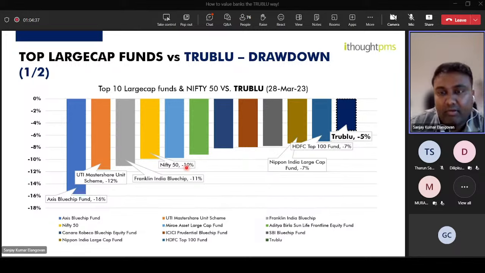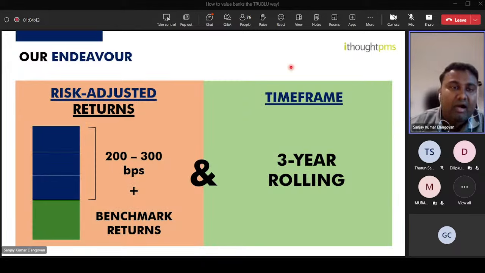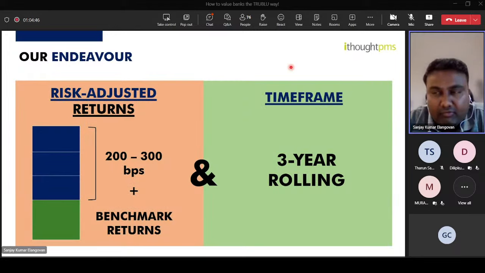It fell 10% during this period, and we have significantly beaten all the other large cap funds in this drawdown period. So our endeavor is to do 200 to 300 bips alpha over and above the benchmark, that is Nifty 50, that is 2 to 3% across a 3-year rolling time period.